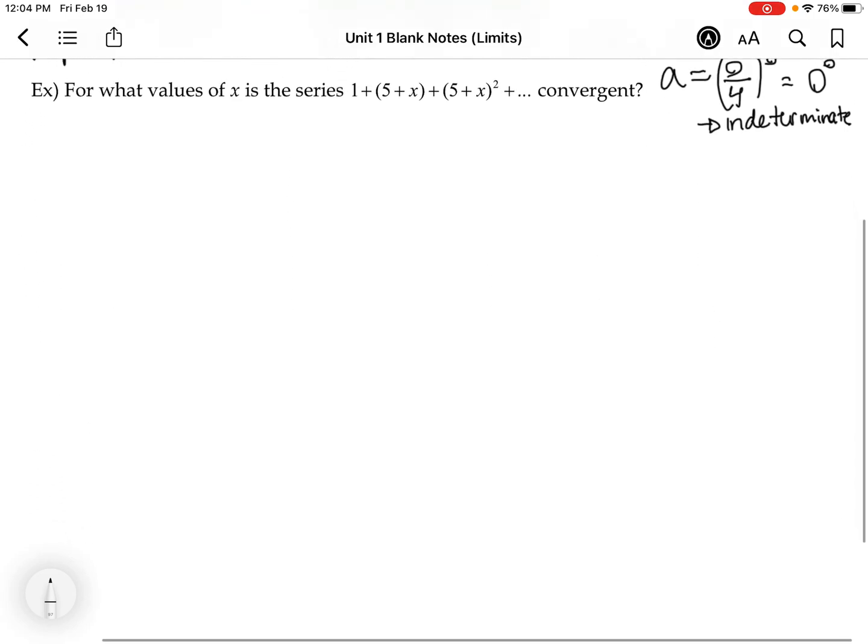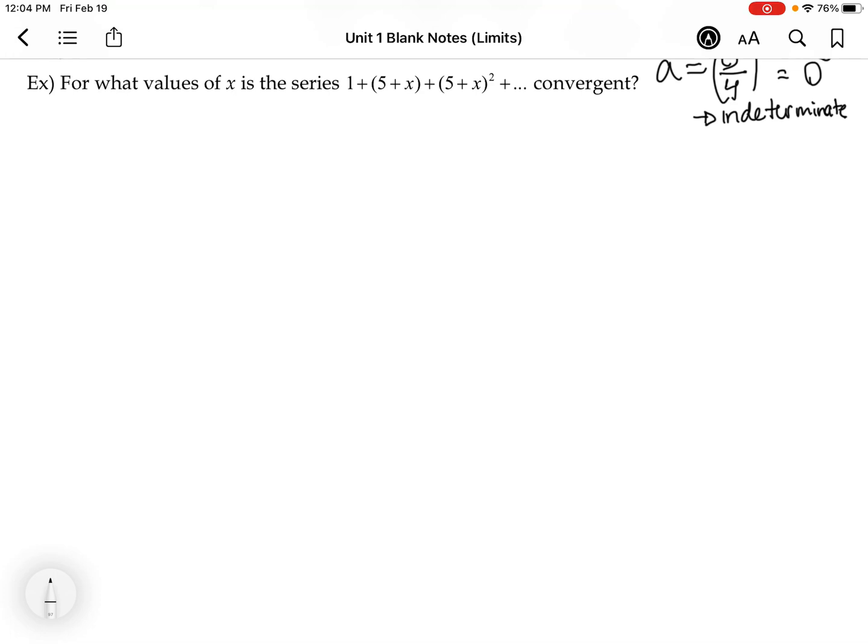And then one more. For what values of x is the series 1, 5 plus x, 5 plus x squared, etc. convergent? Okay, well, if we look at this sequence, t1 would be 1, t2 is 1 times 5 plus x. You could think about it that way because it's t1, the a value, times the common ratio, 5 plus x.